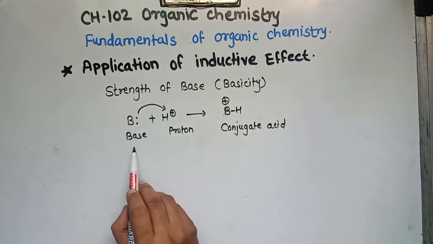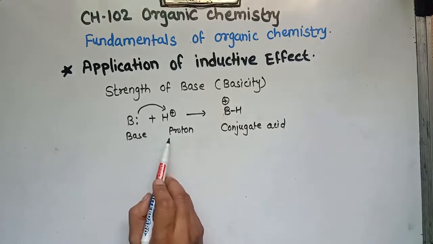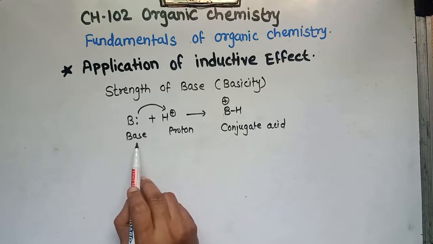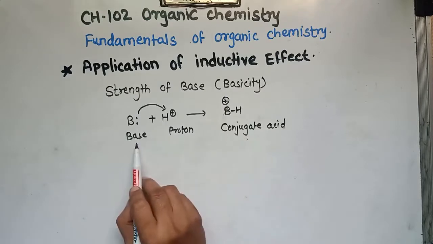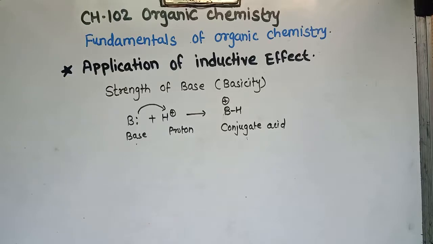It means a compound which easily donates its lone pair, has availability of a lone pair, and whose conjugate acid is more stable, then that compound shows strong basicity. Okay, so you have to remember this point.